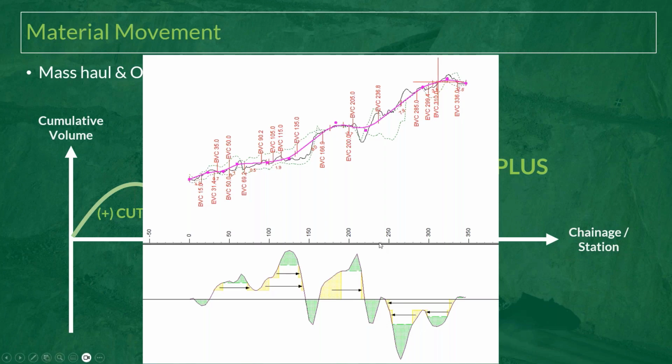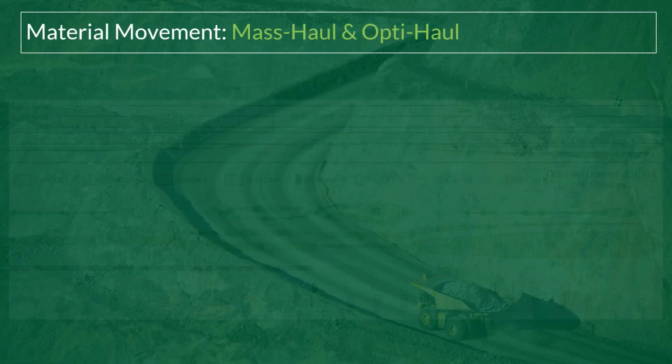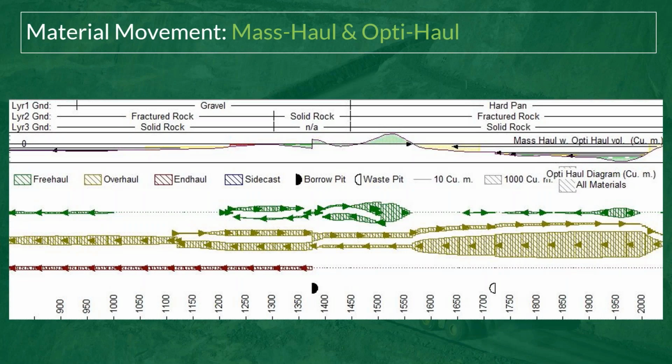So we can see the material movement. However, this is considering a single material situation. And as in Matt's example, we're dealing with a multi-material situation, and that's where the Opti-haul, which is Softree's proprietary mass haul on steroids, comes in. It gives us more of an optimal movement prescription for the different materials.